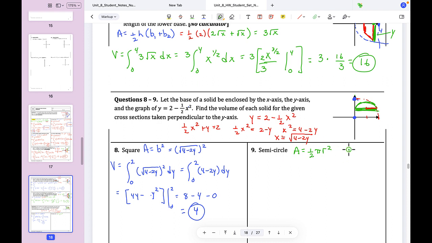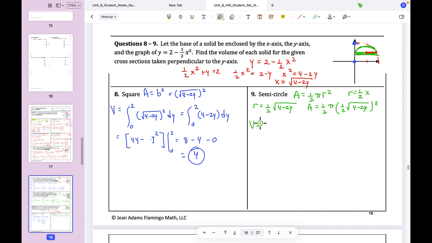So r equals 1/2 x, so r equals 1/2 square root of 4 minus 2y. So our area is going to be 1/2 pi times 1/2 square root of 4 minus 2y, squared.